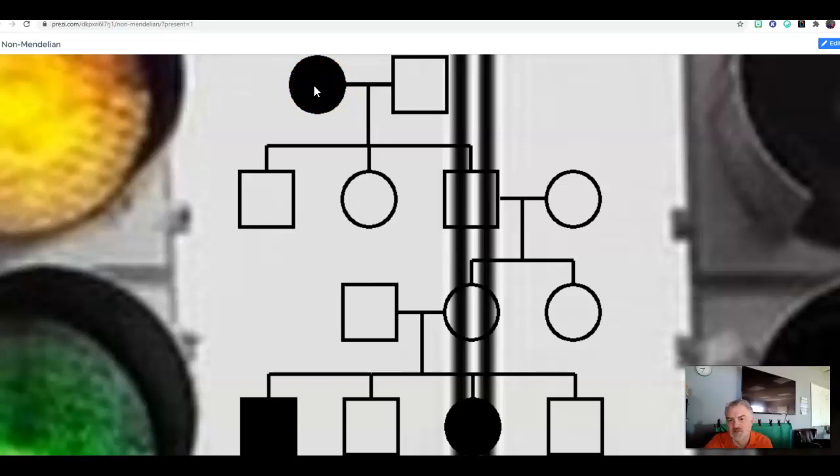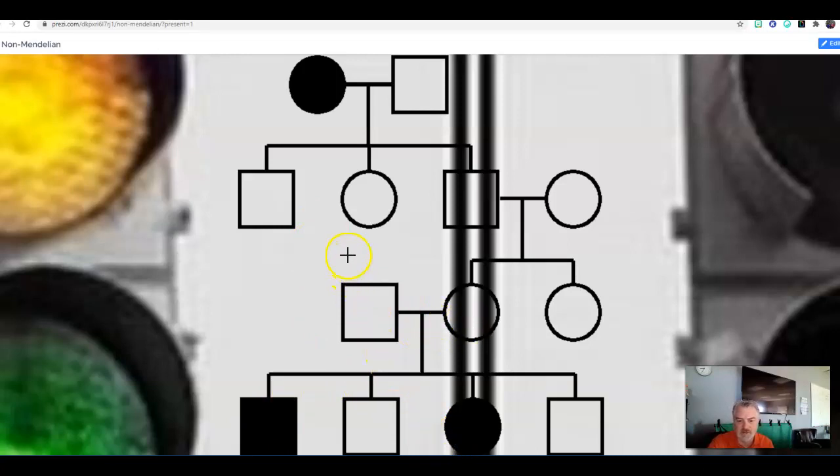Now, what you would want to be able to do with pedigrees is look at these and determine the genotypes of the individuals, the ones that you can. The first thing I want to do is determine, is this dominant or recessive? I know that this is recessive because I can see these 2 individuals have it and their parents don't.